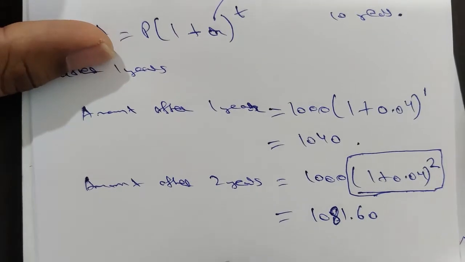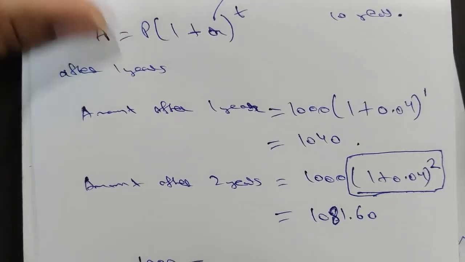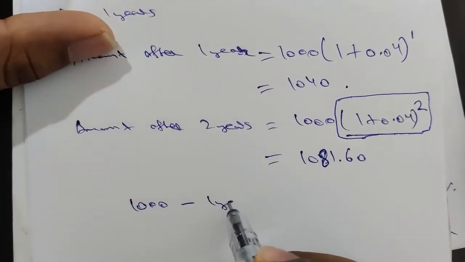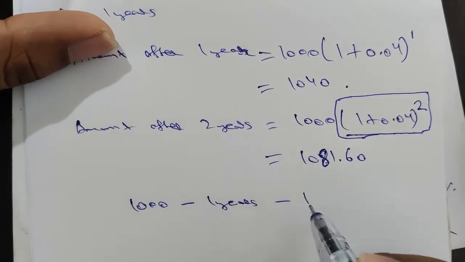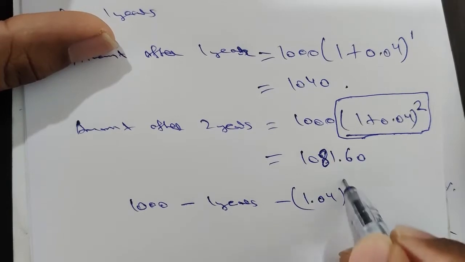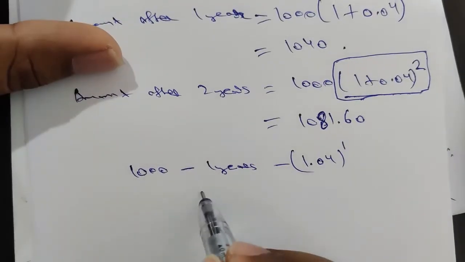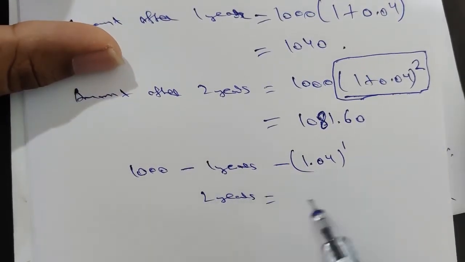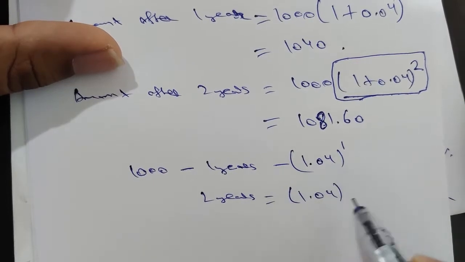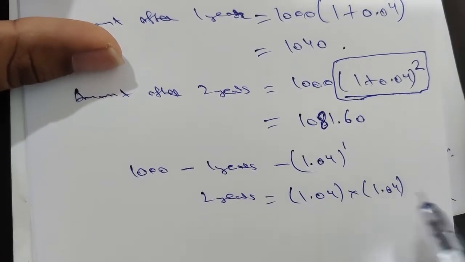What is happening? 1000 we are investing for 1 year. We get the rate is 1.04 to the power 1. Similarly for 2 years, what is happening? 1.04 into 1.04.